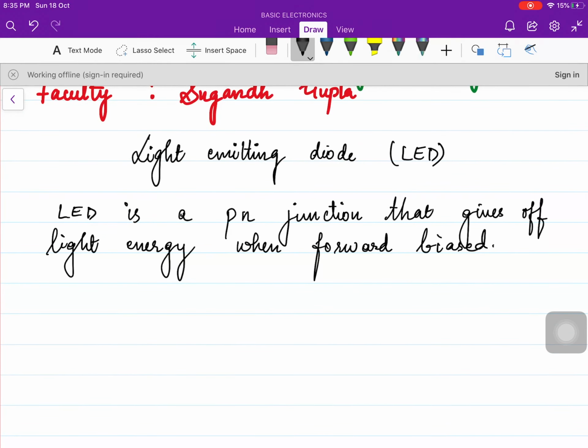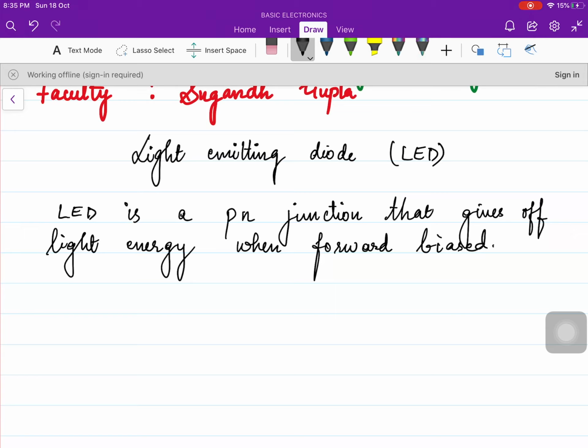So what happens when a diode is forward biased? Let us recall the concept. In a PN junction, when there is forward biasing, then we all know that the holes from the P type diffuse into the N type and the electrons in the N type diffuse into the P type. So at the junction, the majority carriers will recombine. The recombination will be maximum at the junction.